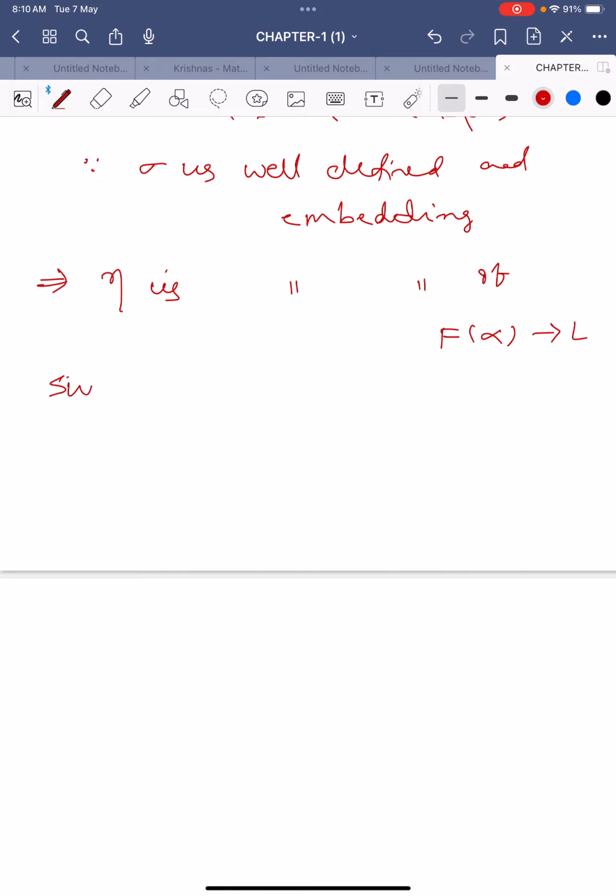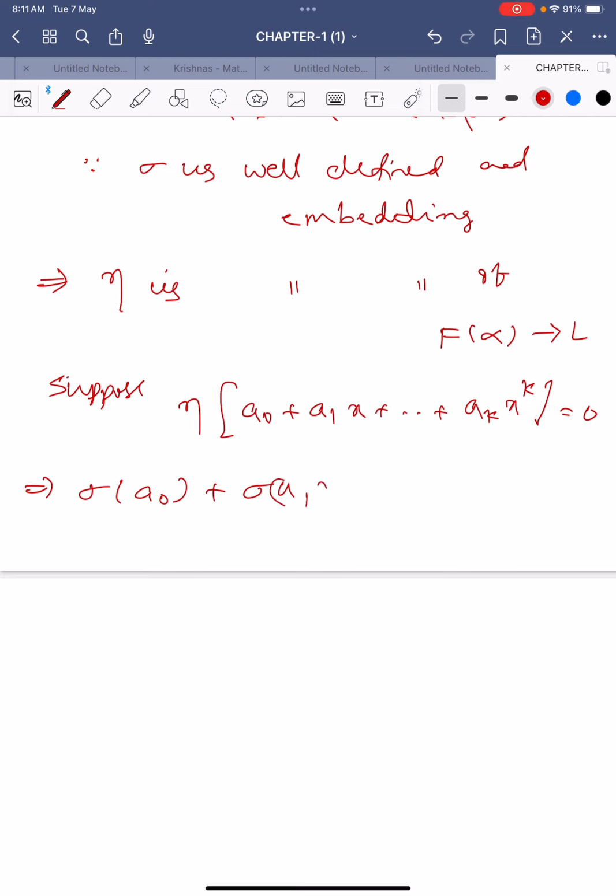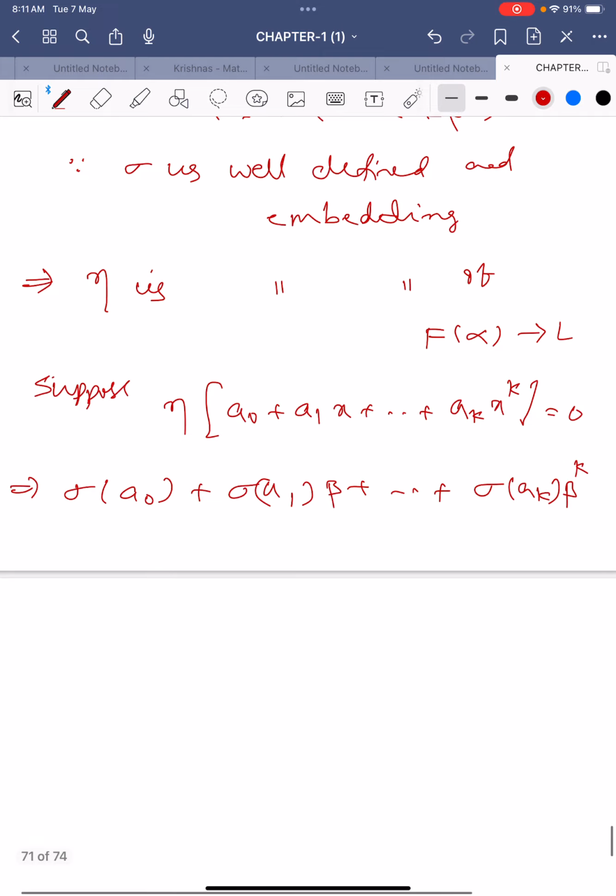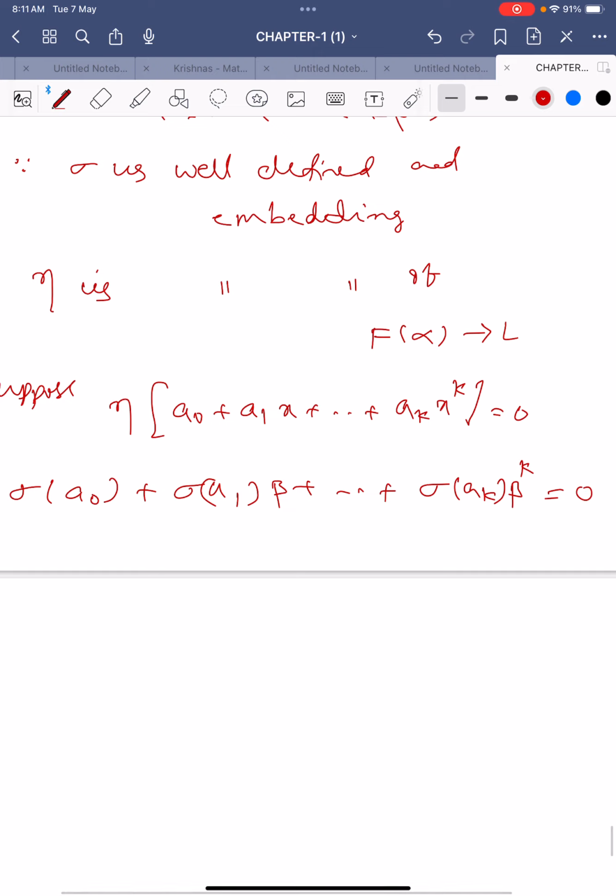Let us assume one point. Suppose eta(a0 + a1x + ... + ak x^k) = 0. This implies sigma(a0) + sigma(a1)beta + ... + sigma(ak)beta^k = 0.